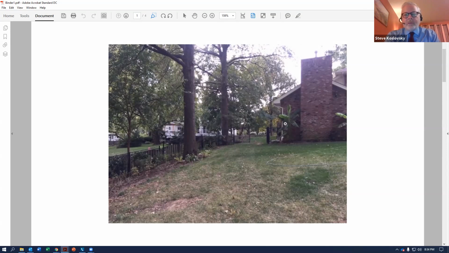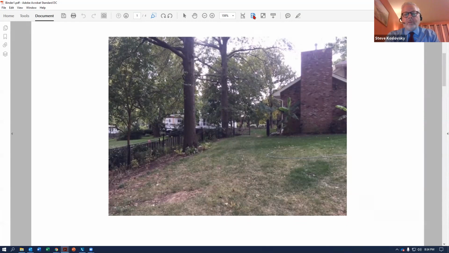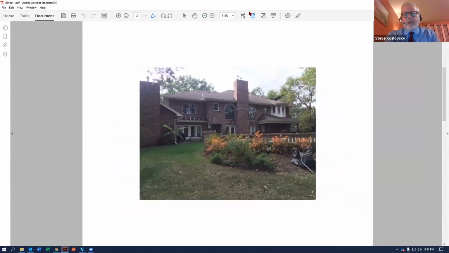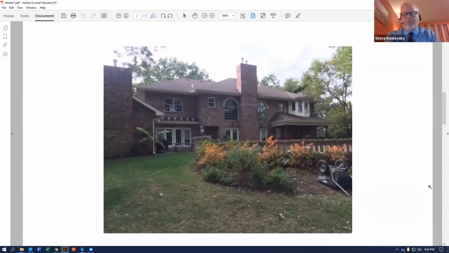Next photo, please. This is just a view of the back of the house, showing the principal building, which is part of what the city takes into consideration in approving an additional storage building. Next photo, please.